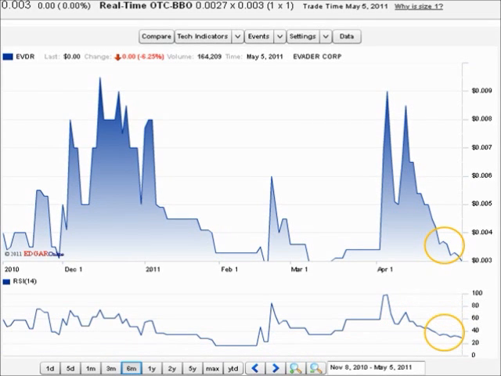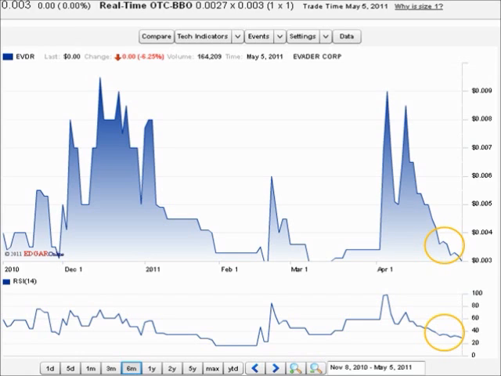The next chart we are looking at now is the relative strength index, which is on the bottom with the price chart on the top. Again, these orange circles on the price chart and the relative strength index are there to highlight the disparity. What we see here is the price has come down to about 0.003.